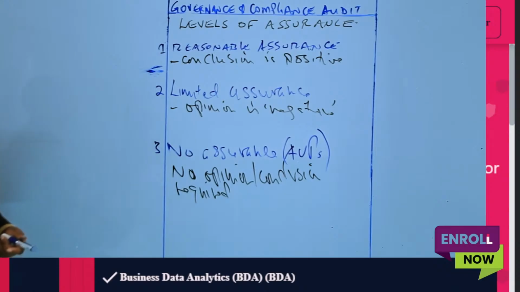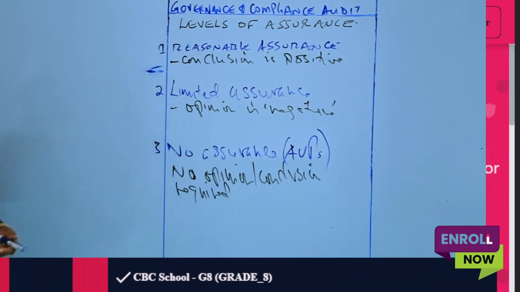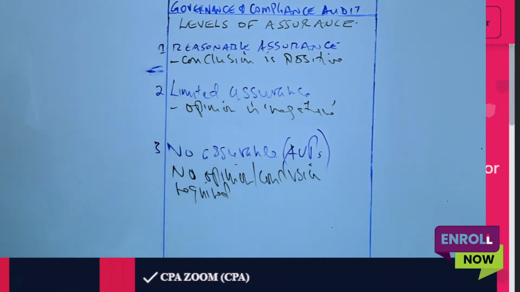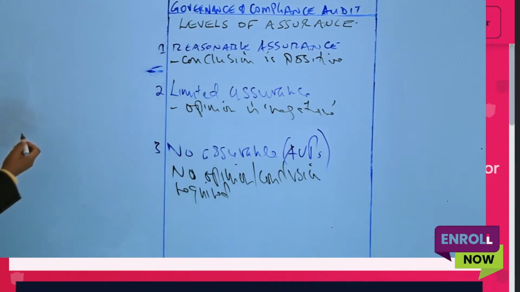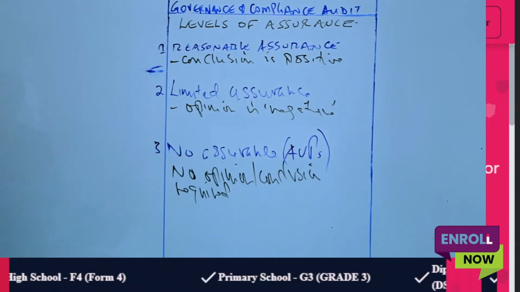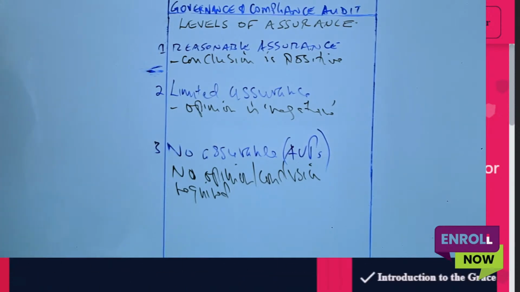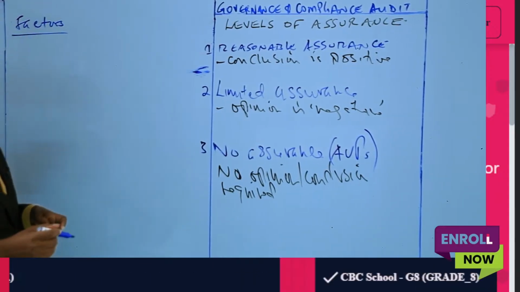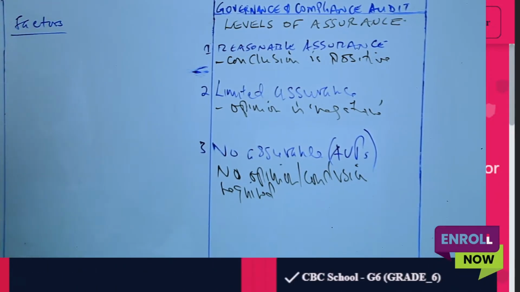Now, in closing, let's briefly discuss factors determining level of assurance. What are the factors that may determine the level of assurance?